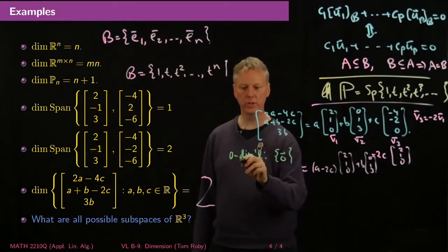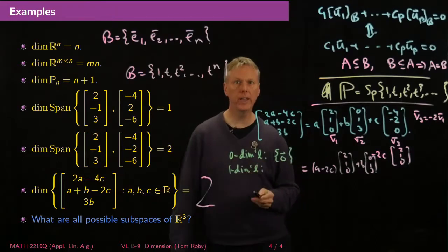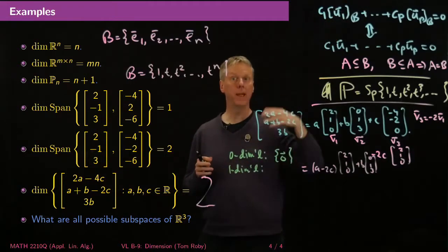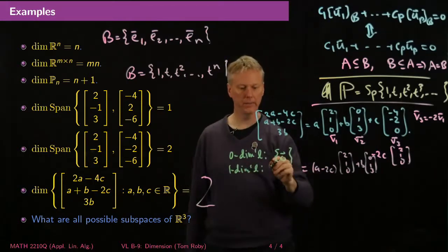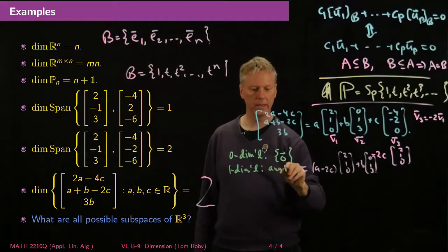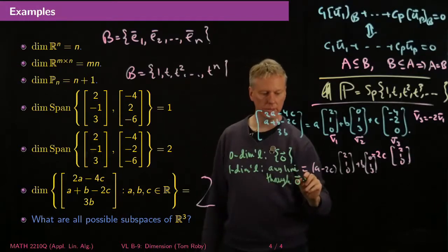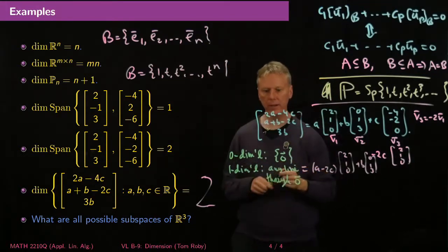How about 1-dimensional? Well, if I take any non-zero vector and look at the line that spans it going through the origin, that's a 1-dimensional subspace in R3. So this is any line through the vector 0, which is, of course, just (0, 0, 0). Now how about a 2-dimensional one?